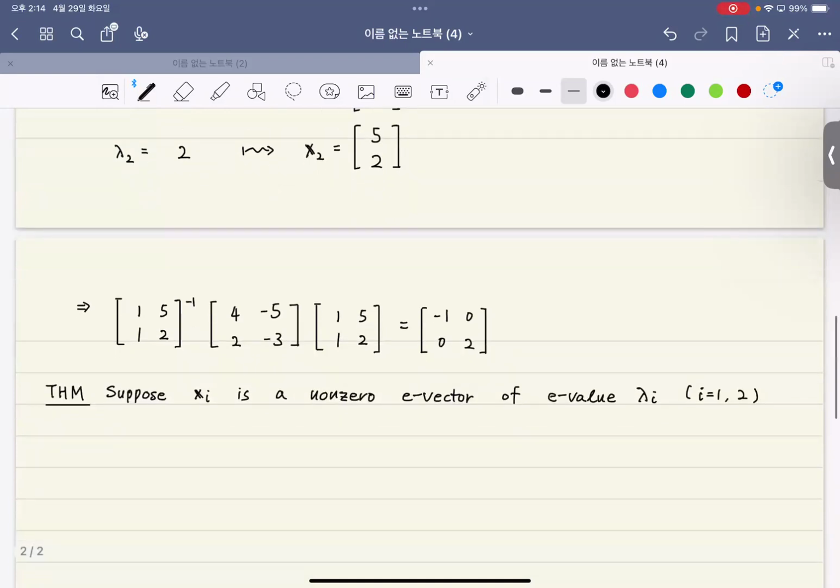So I have 2 eigenvalues and 2 eigenvectors associated with these eigenvalues.